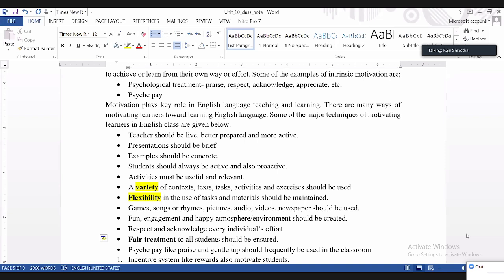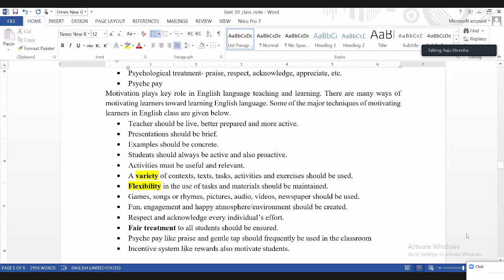Yes, you are doing well. Good job. It's well done. You are doing well. These kinds of words, and then praise and a gentle tap, should frequently be used in the classroom to motivate students in learning English. And an incentive system also.